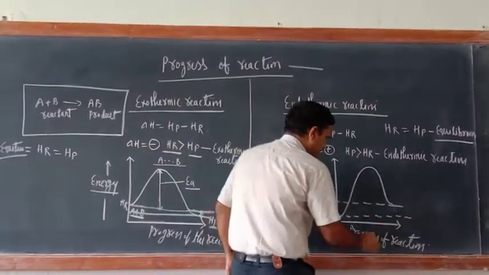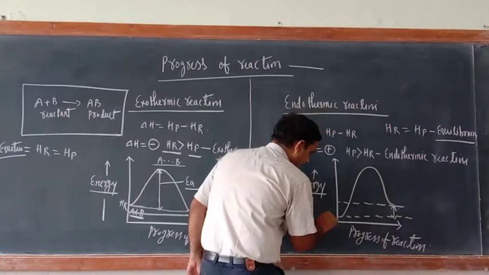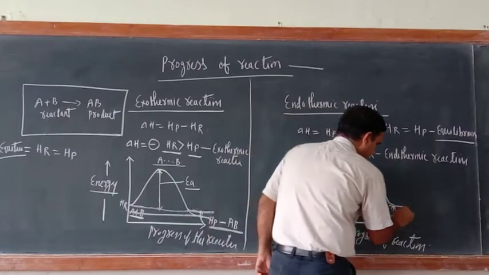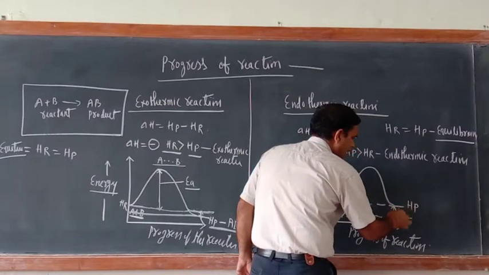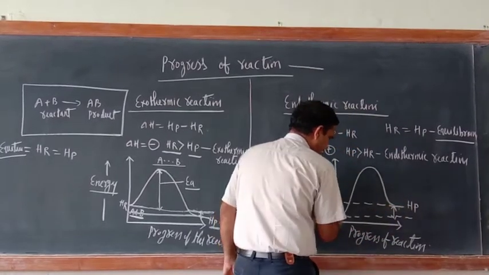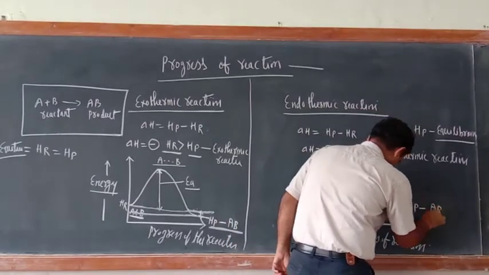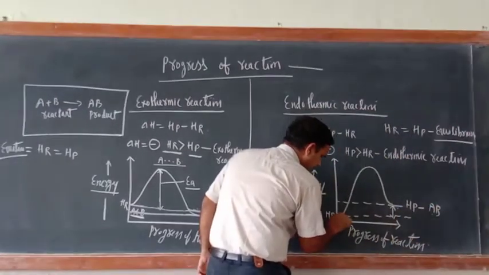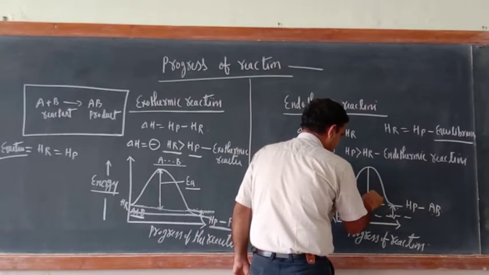Here what is there? This time HR is here and HP is here. So this time HP is more by this much. Here HR, this is HP energy. Product is AB, and reactant is A plus B. Now activation energy is here.